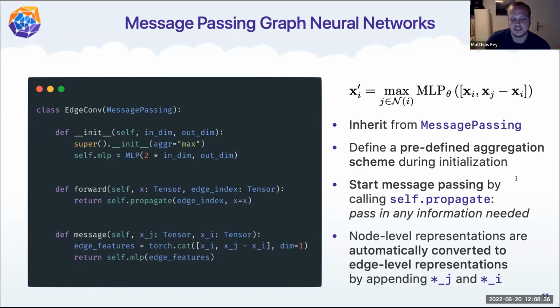And so we can just say that we request the source node representation and the destination node representation by using _j and _i in the input arguments. This will automatically convert the node feature matrix X to an edge level representation, depending on whether you're interested in the source or the destination node.